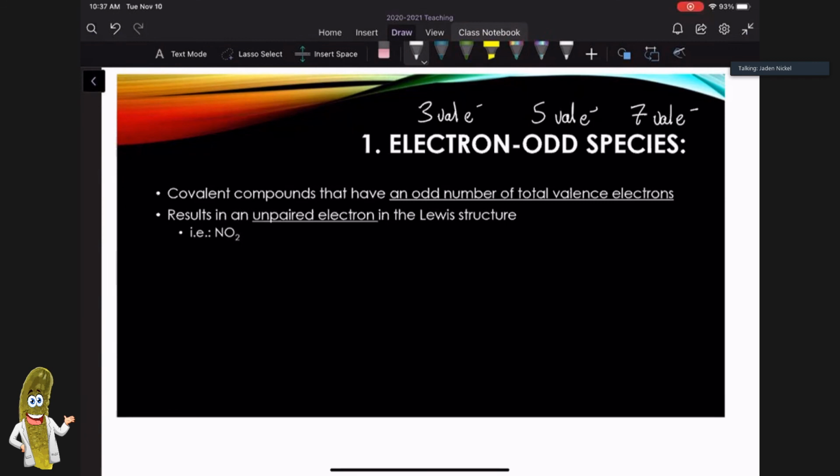Where that particularly comes into play would be an example like NO2. Nitrogen in this case will be the central atom. I know that because there's multiple oxygens.